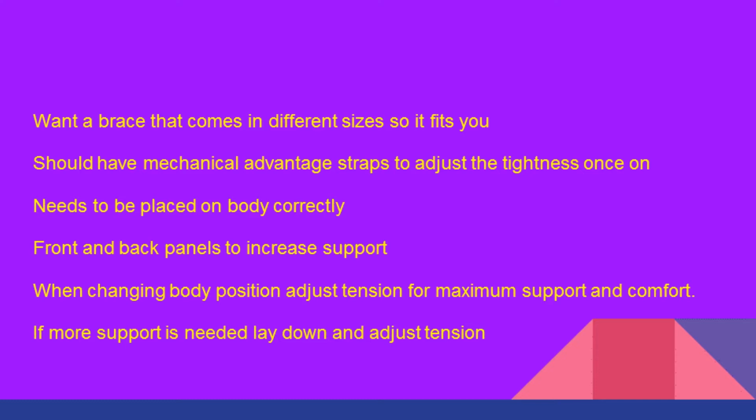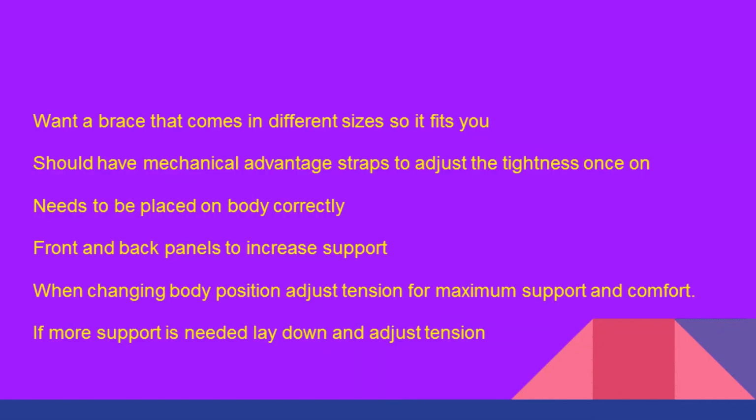When you change your body position, you do want to adjust the tension of both the main strap and the stabilization advantage straps. In general, lying down is going to decrease your abdominal volume, so it will become loosest when you're lying down, so you just need to be aware of that when you adjust it.